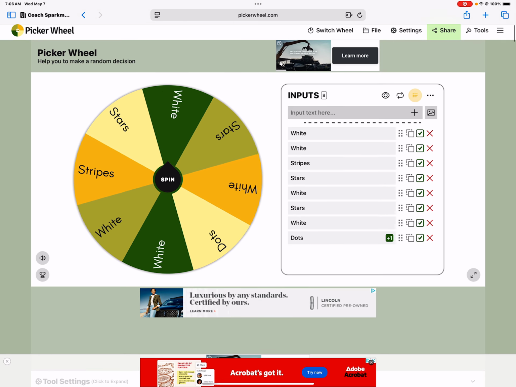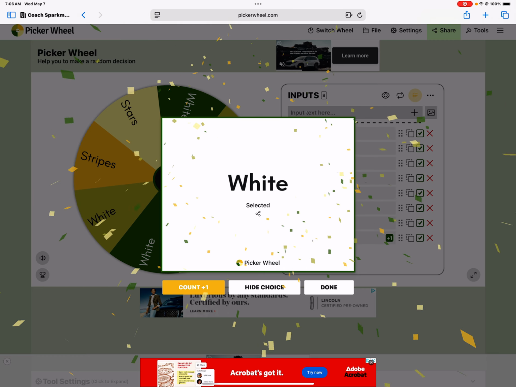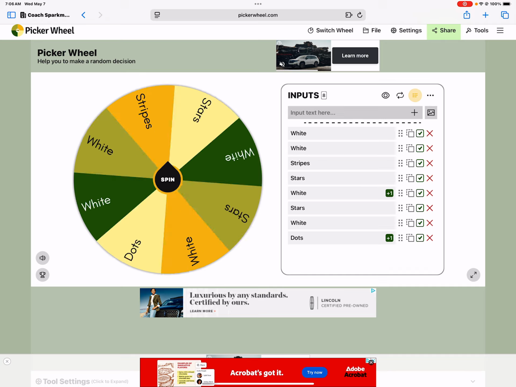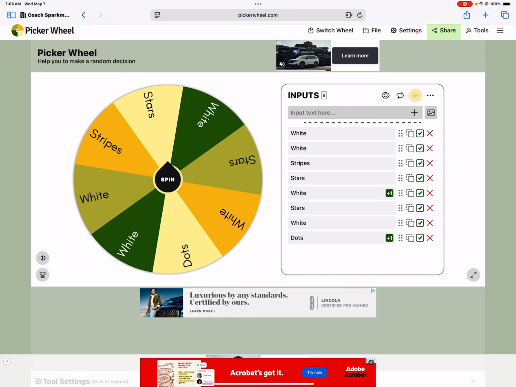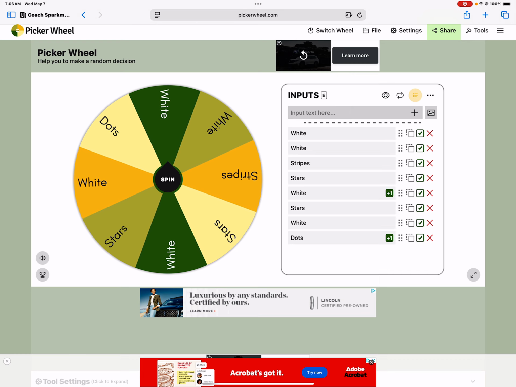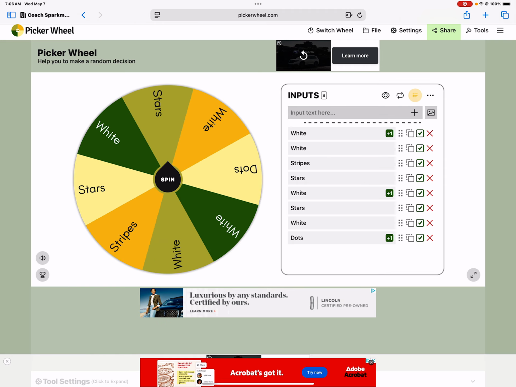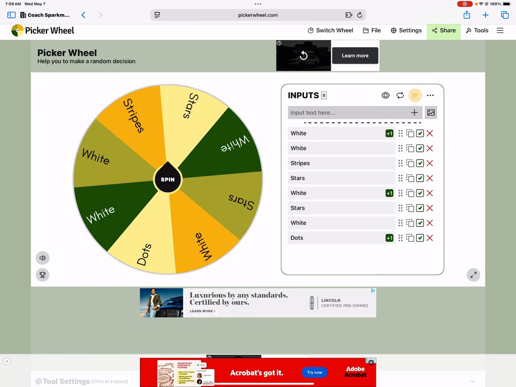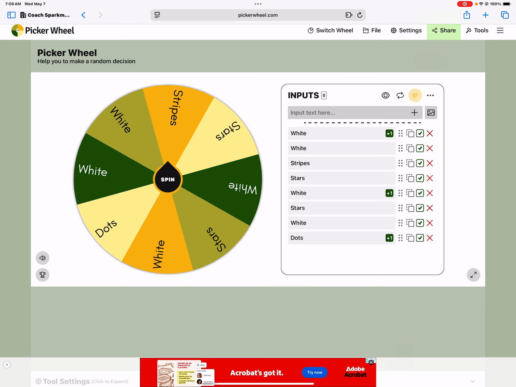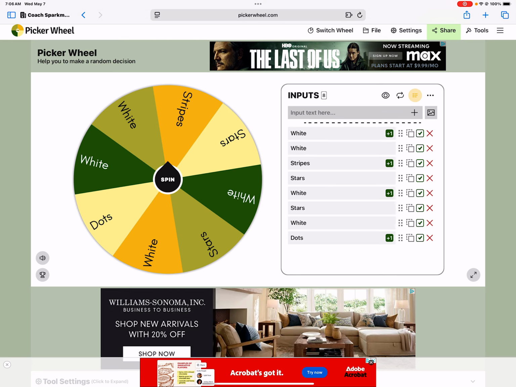Spin number 2 is the solid white. Spin number 3, solid white. Spin number 4, stripes.